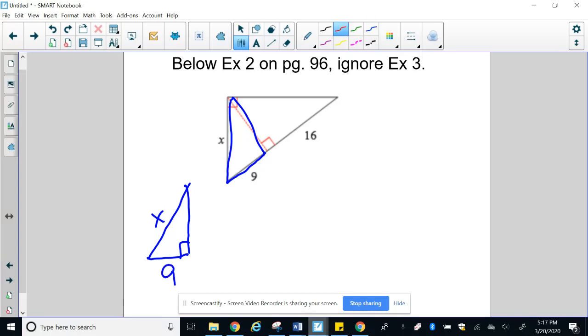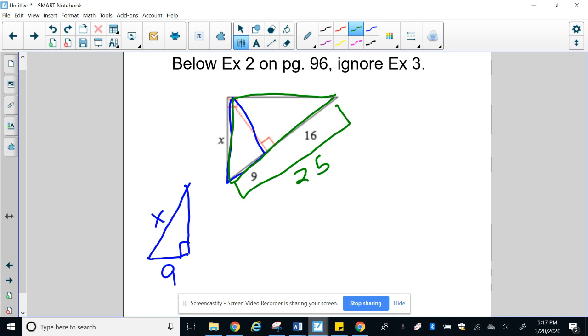Okay. Now I need another triangle that's going to have two sides. You might be drawn to doing this triangle over here, but what we have to see is we don't have the length of our altitude going here, and we have nothing here, so we're not going to do that. Okay, we're actually going to have to use the whole thing. Okay, so we want the whole triangle, and the reason why is we know x is here, and we could find this whole length going across just by adding up 9 and 16.